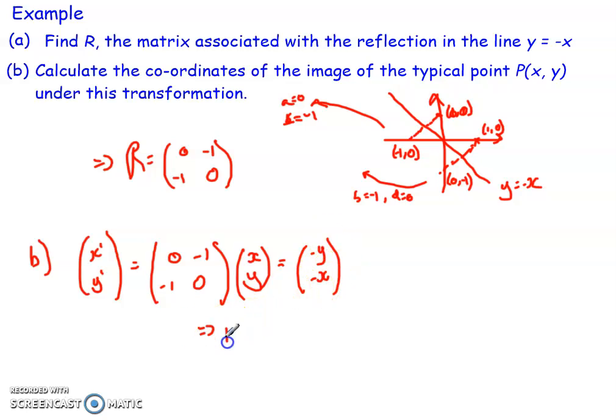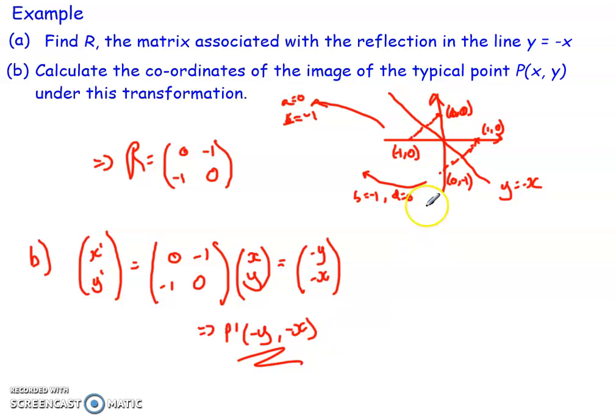So the image P dashed of the point P is equal to (-y, -x). In that system where I'm reflecting in y equals negative x, any point at (x, y) will go to this coordinate. So I've calculated that transformation matrix for reflection in the y equals negative x line.